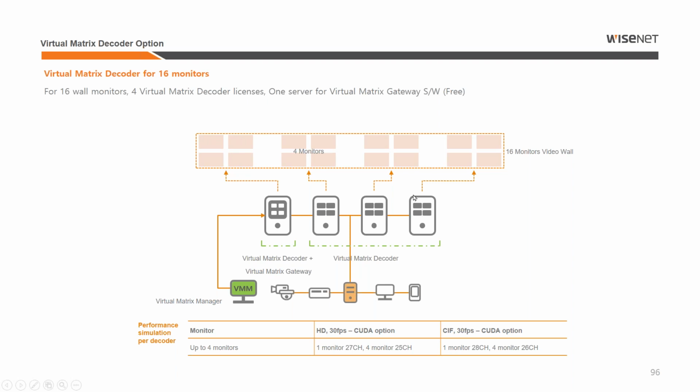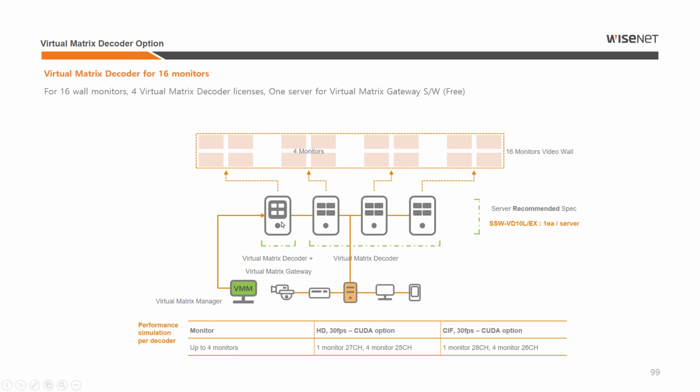So if you want this remote control of third party additional PCs, video wall monitors, then we have this application called the video wall application. You can run the application on these four PCs, and each application you have to license one time. So if you have four PCs, you have to apply four licenses. But the supervisor doesn't require any license for managing. Only the PC which is connected to the video wall monitors should be licensed.